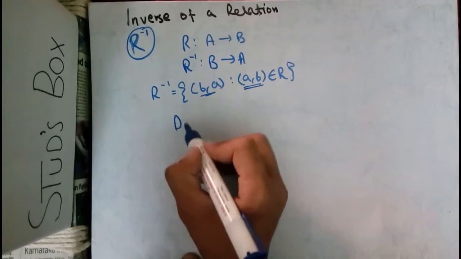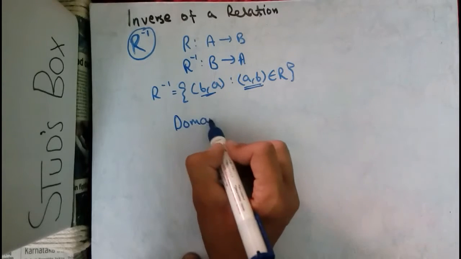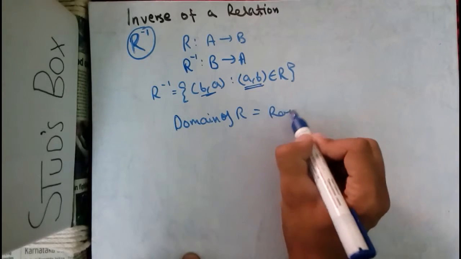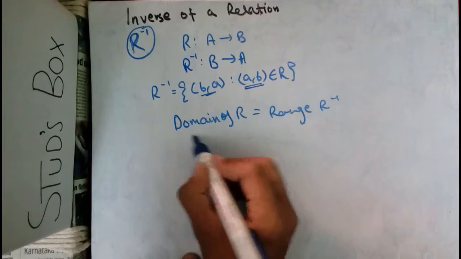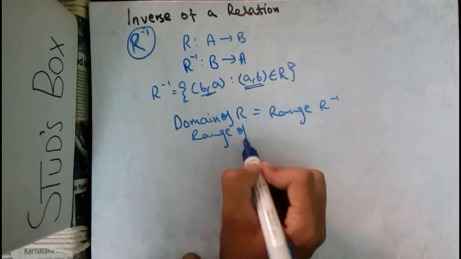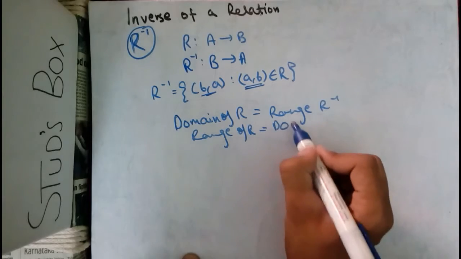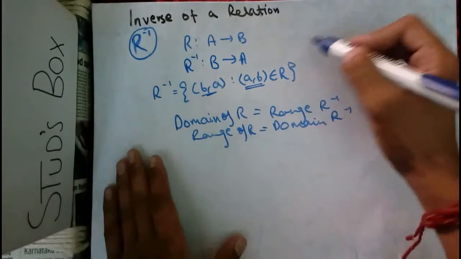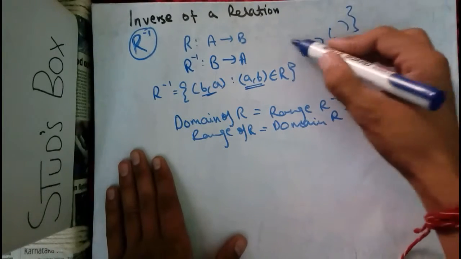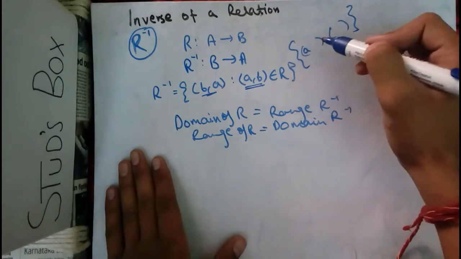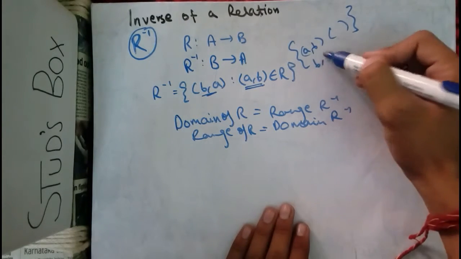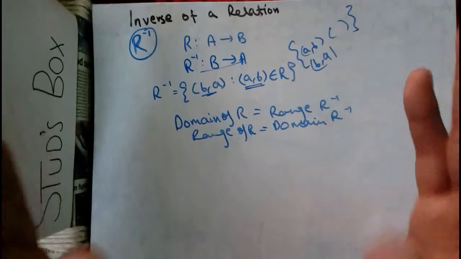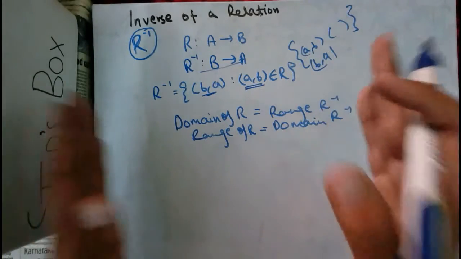So if you see, then domain of R will be equal to range of R inverse, and range of R will be equal to domain of R inverse, because the entries in the subset A cross B will be changed to (b, a) when it is defined from B to A. So the elements in the ordered pair will switch.